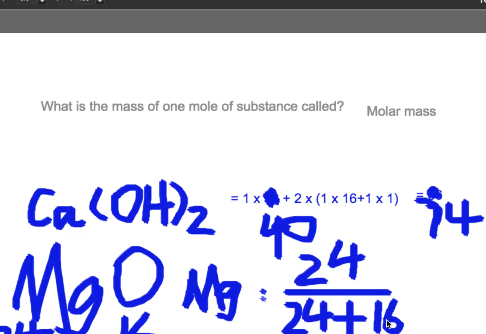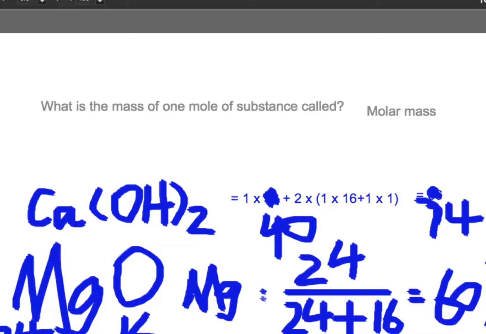And then it's equal to 60%. And for oxygen, you could do 16 divided by brackets 24 plus 16, which is 40%.